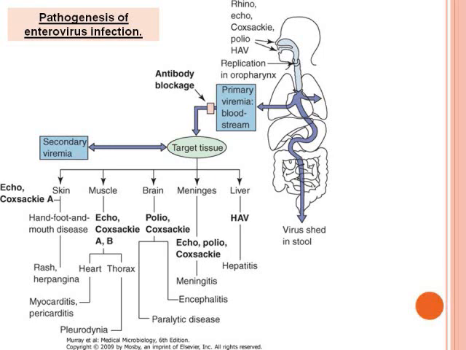Many times on mucosal cells we have corresponding receptors, and they will find a nice place to really move into the system. So rhino, echo, Coxsackie, polio, hepatitis A virus. HAV stands for hepatitis A virus, and HBV obviously will be hepatitis B virus. We'll come to that tomorrow.